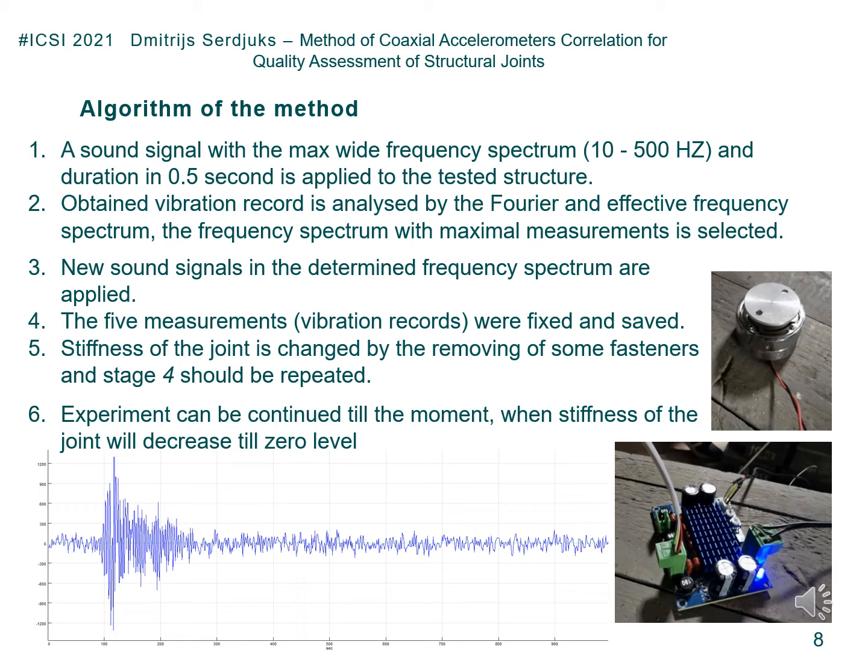The 5 measurements were fixed and saved. The stiffness of the joint is changed by removing some fasteners, and stage number 4 should be repeated. The experiment can be continued until the stiffness of the joint decreases to 0 level. Vibration record, electrodynamic actuator, and audio card are shown on the figures.